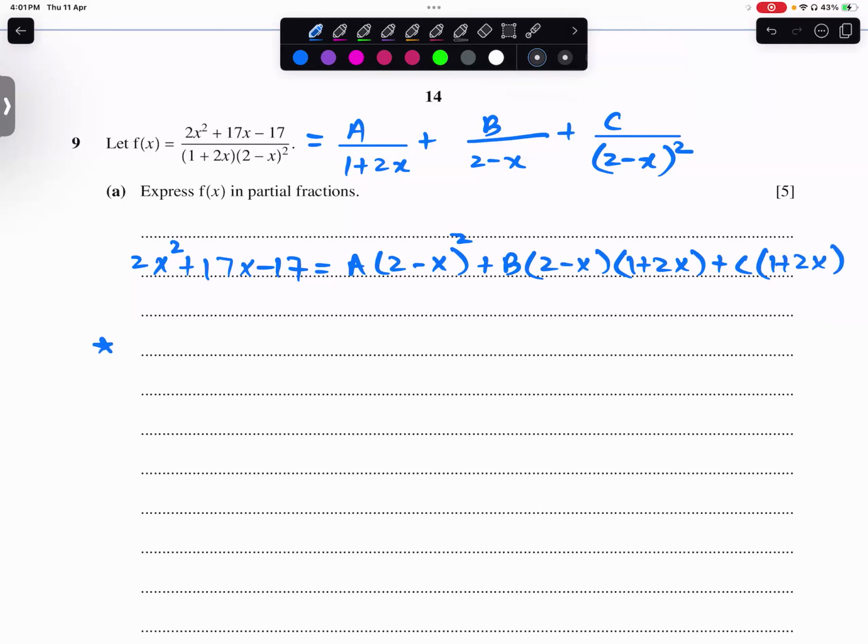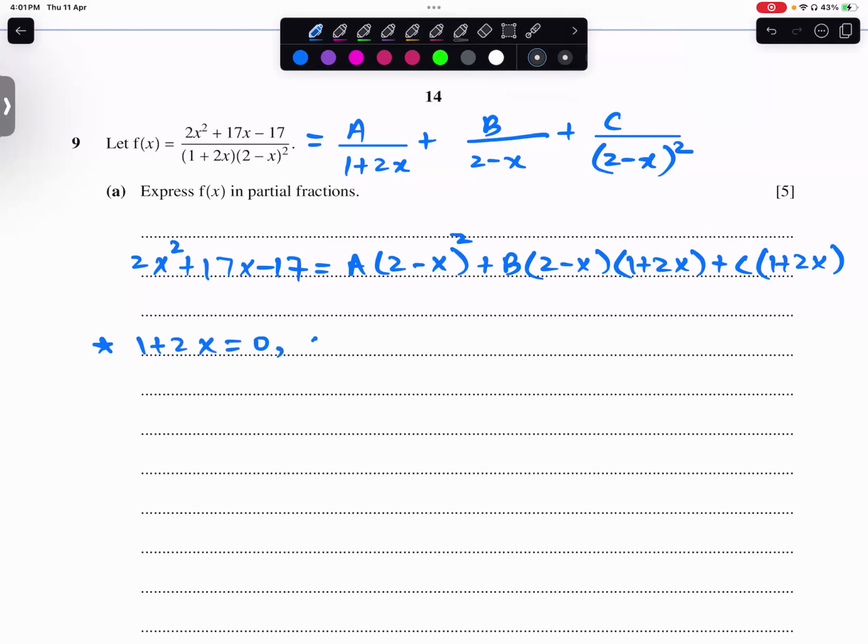Now put 1 plus 2x equals to 0. This comes from the denominator of a. So x is equals to minus 1 over 2.